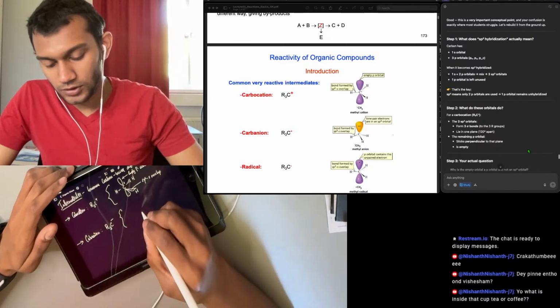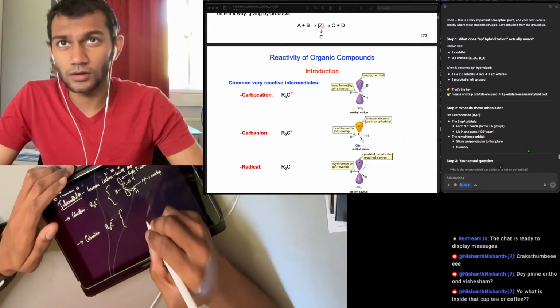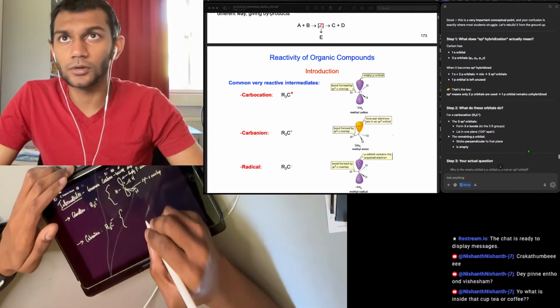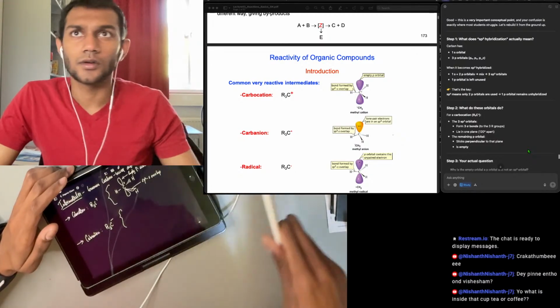So let me just draw this. Two dots, right? Now one lone pair of electrons is in the sp3 orbital. Bonds formed by sp3 orbitals. Okay.